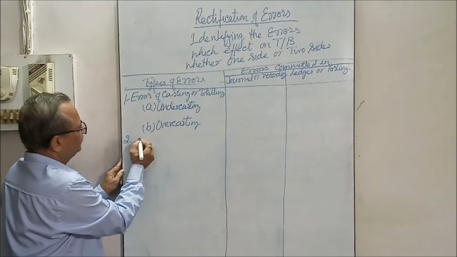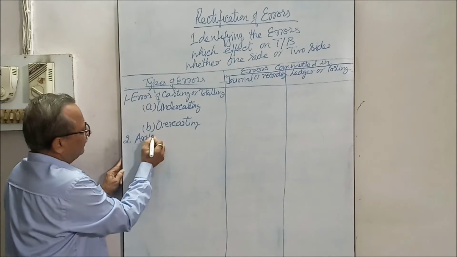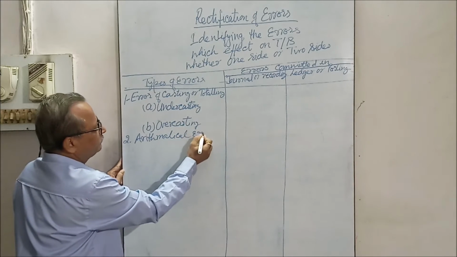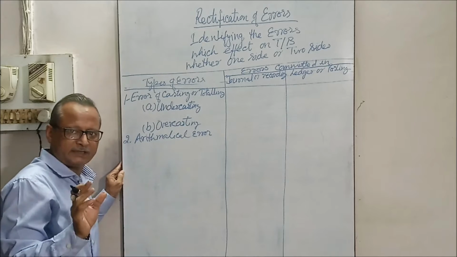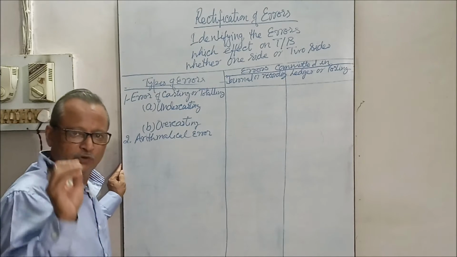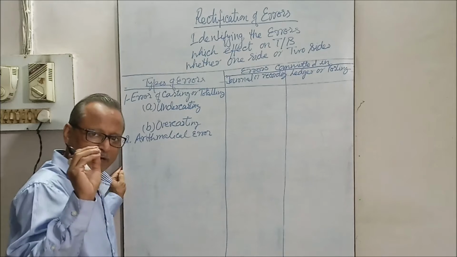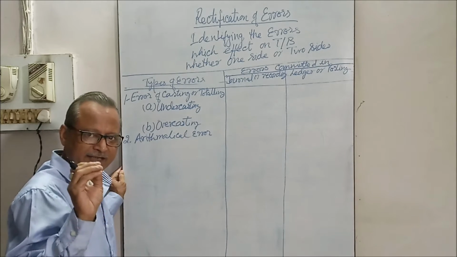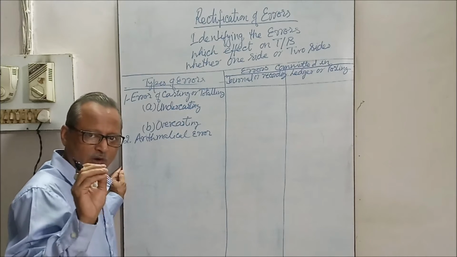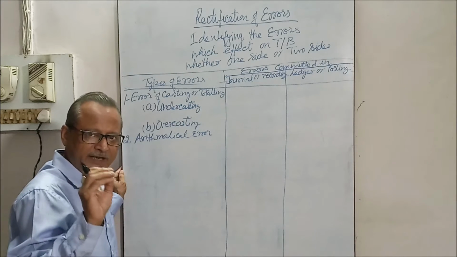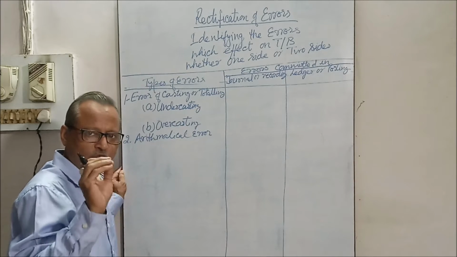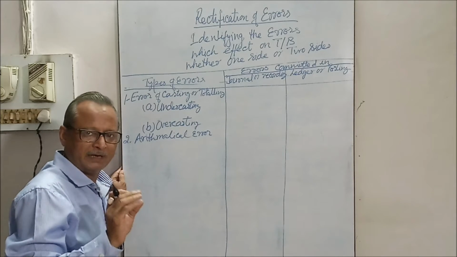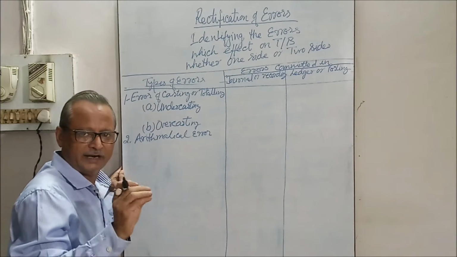Second, arithmetical error. Arithmetical error means the error committed in the books while recording or posting, that is a mistake in digits. While writing the amount, digit mistakes have been made, such as if you wanted to write 540 as the actual transaction, but wrongly it is written as 450.